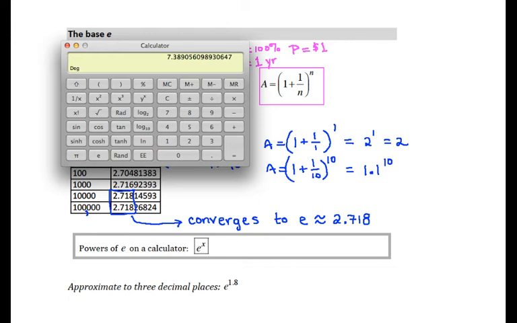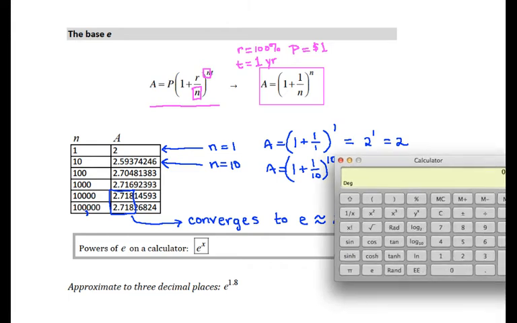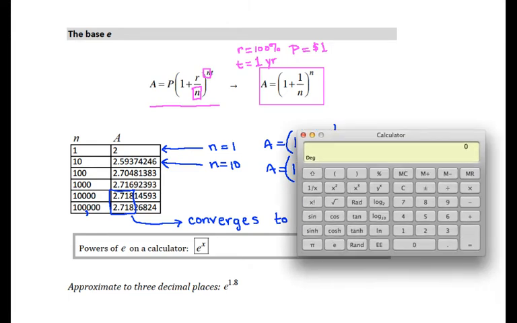Most calculators have an e to the x button so that you don't end up having to do a combination of buttons to do that. If I want to now approximate to 3 decimal places e to the 1.8, I'm going to take my e button, then hit my power button, and then enter 1.8. But the exact sequence might be different on your calculator.